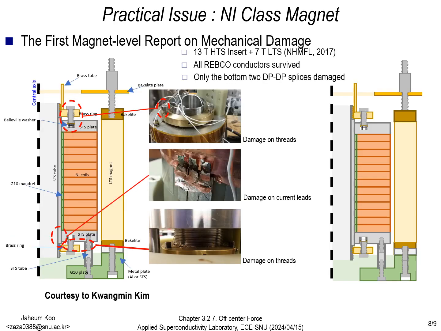The following animation is provided by Dr. Kwangmin Kim, a superconducting magnet engineer, regarding an actual mechanical failure of an Ni-class magnet. As illustrated in the animation on the right, a quench occurred within the magnet, resulting in an upward force acting suddenly on the magnet.